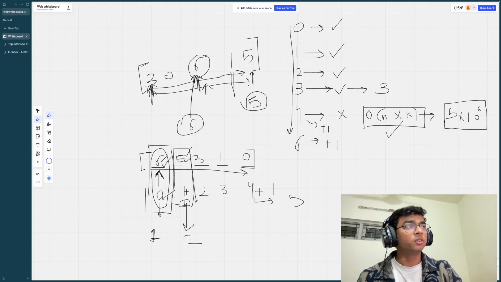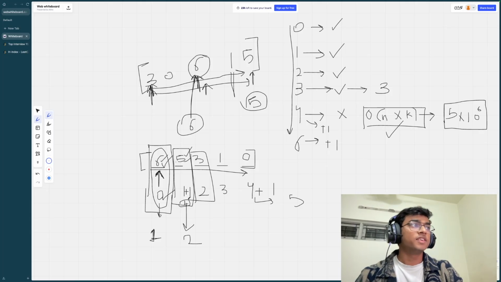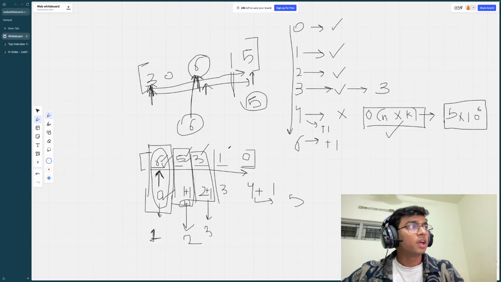Now when we go to the third value, we see that our citations is 3 and our index plus 1 is 3. So greater than or equal is just satisfied, and that's why 3 is also a valid h-index. But when we go to the case of 4, we have total citations of 1, and the citations should be at least 4 for this h-index to be satisfied.